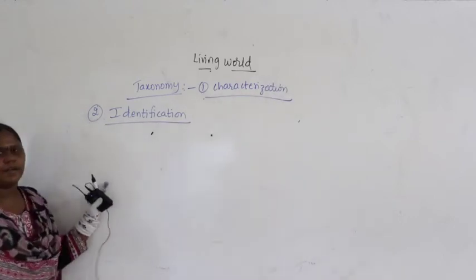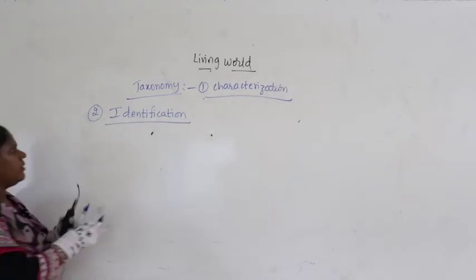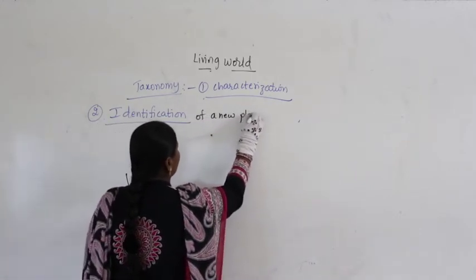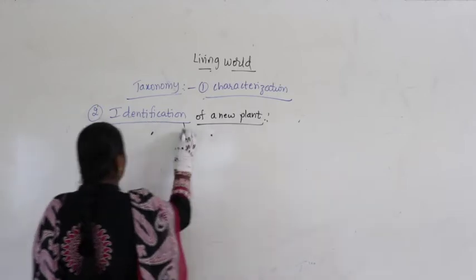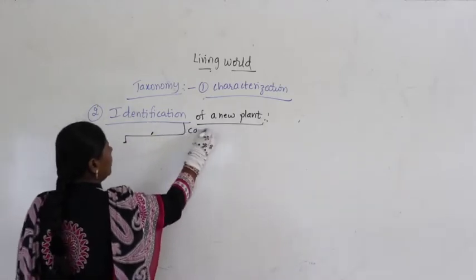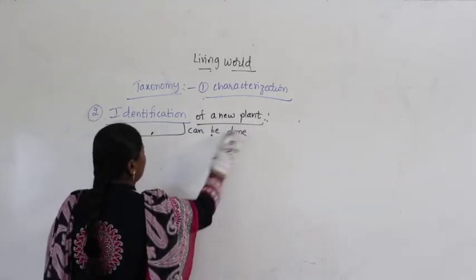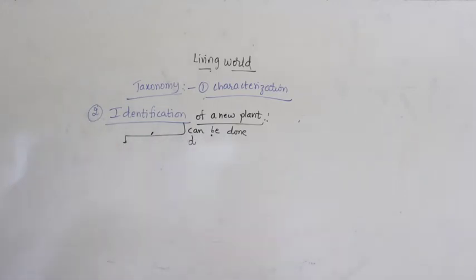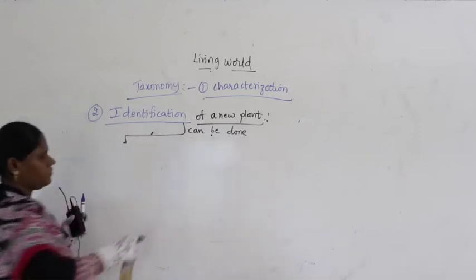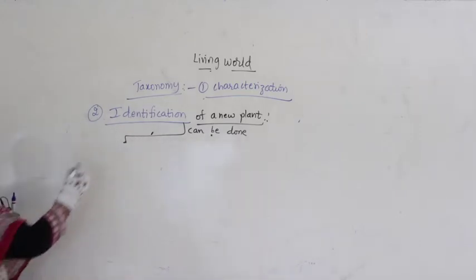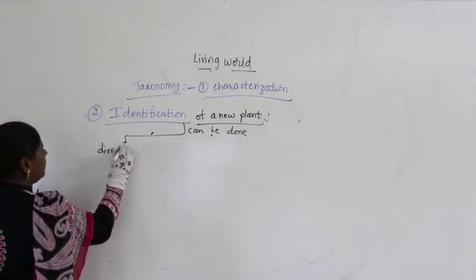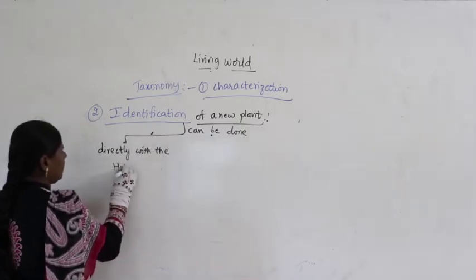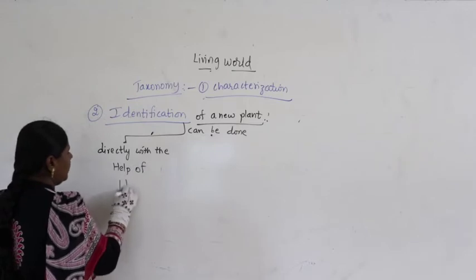So when we take identification here, remember, identification of a new plant can be done directly, or better you can write down, it can be done directly with the help of herbarium.